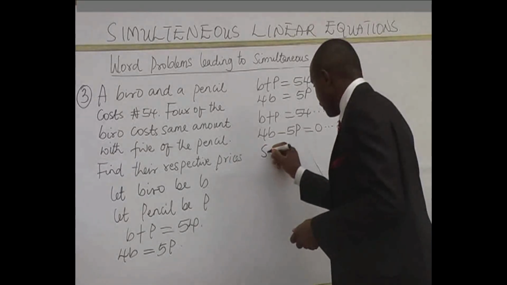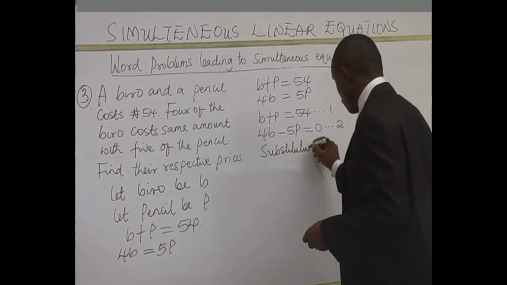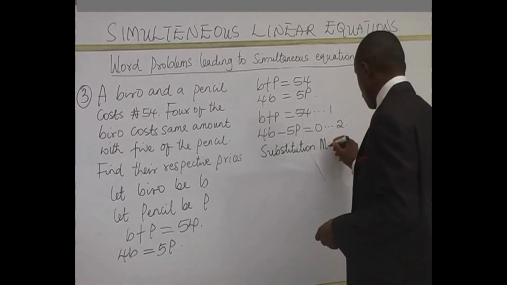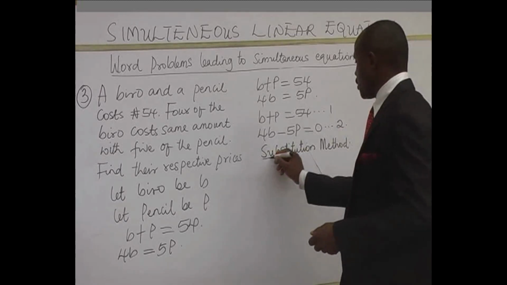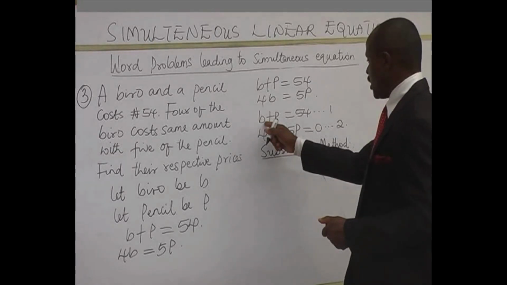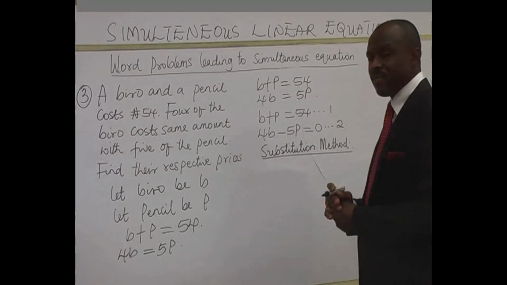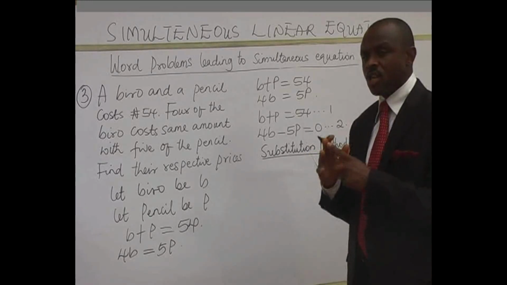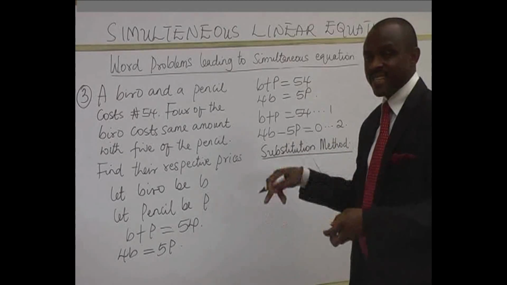Substitution method. In the substitution method, make B the subject of the formula from the first equation, and whatever you have as the value of B, where you have made B the subject of the formula, substitute it for the value of B in the second equation.